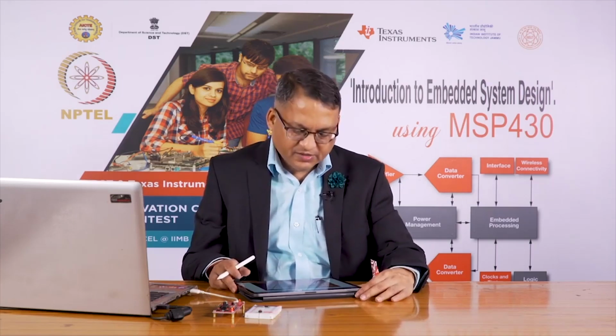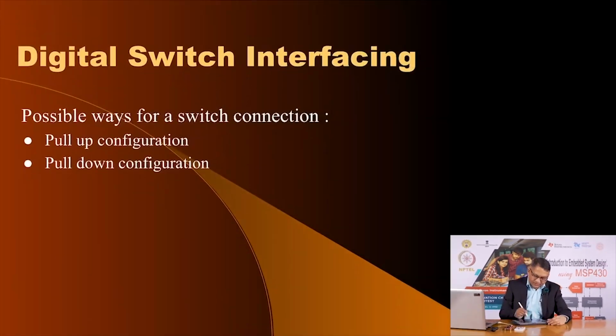Now, because of this, the switch will often bounce, as we have discussed, but before that, the switch has two states, open and close, and these two states we have to translate into logic 1 and logic 0.